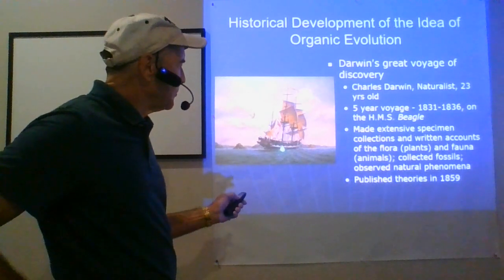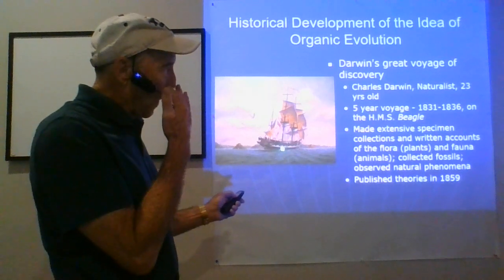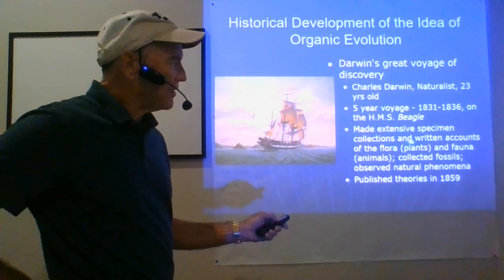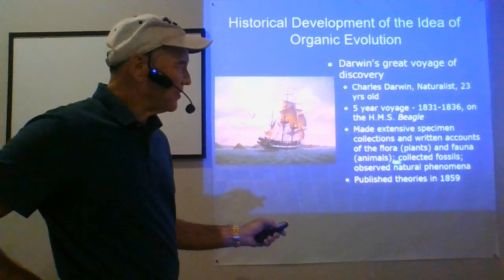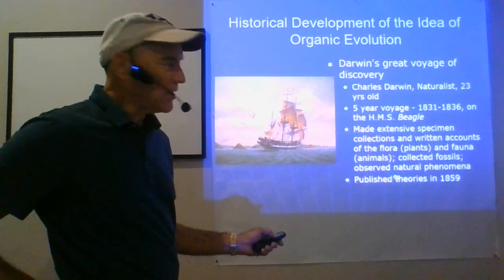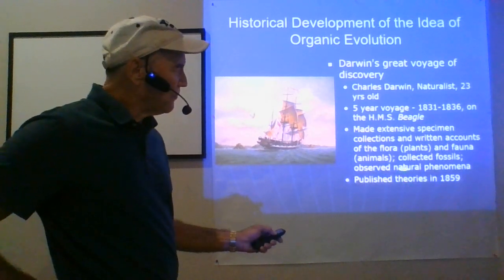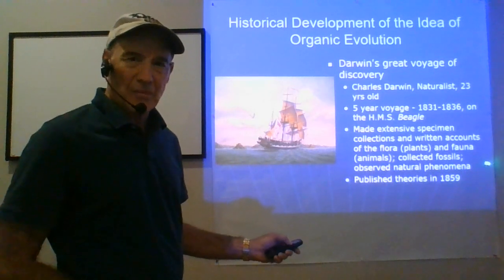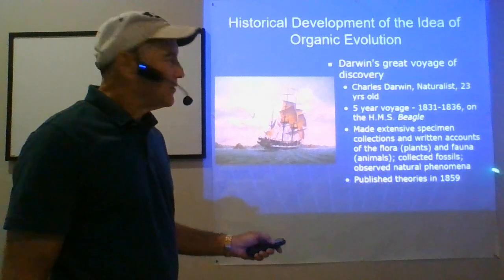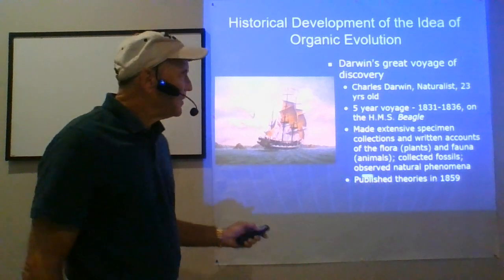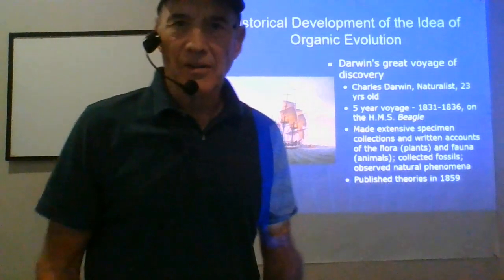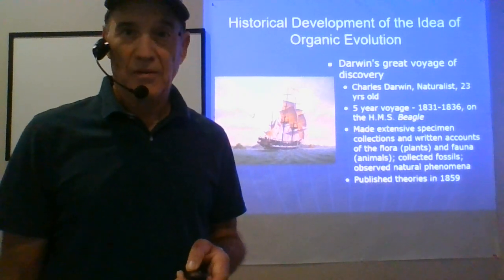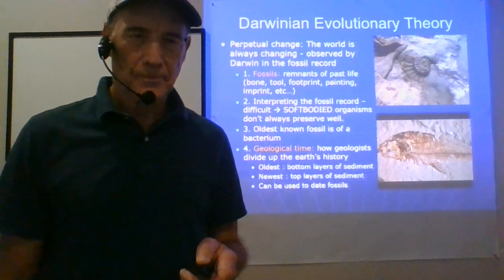He was on a ship that was traveling around the world, a five-year voyage, and he was collecting animals and plants, specimens. He was preserving them, analyzing them, and making notes. And so he was learning a lot about the plants and animals of the earth, around the different continents.